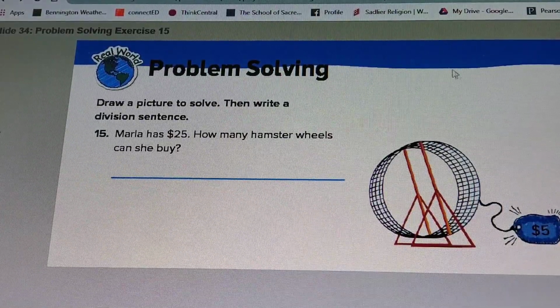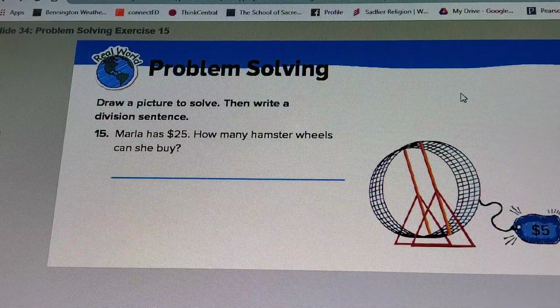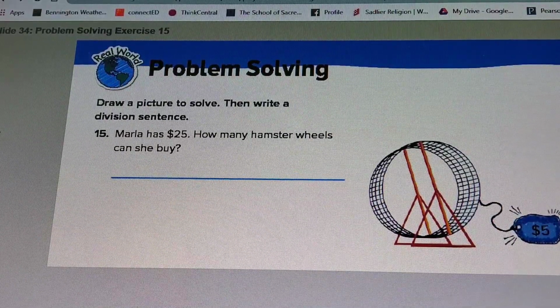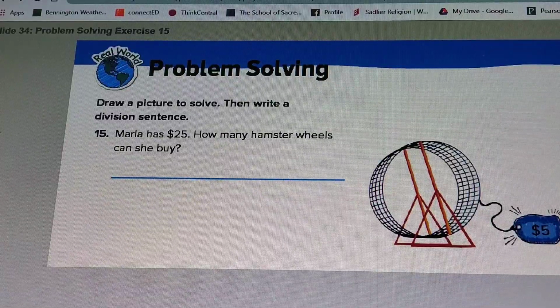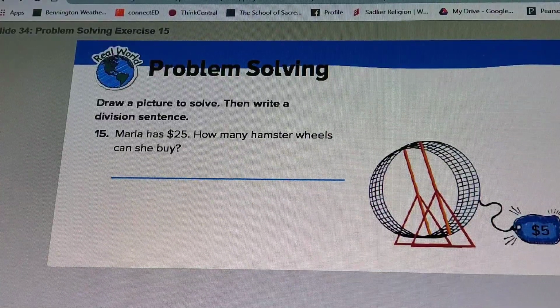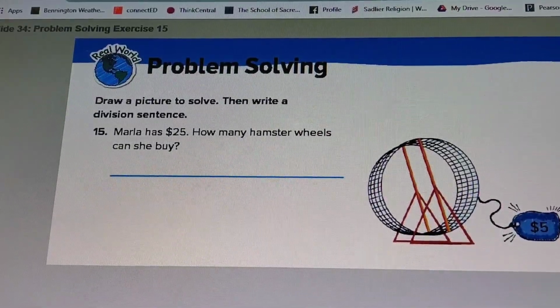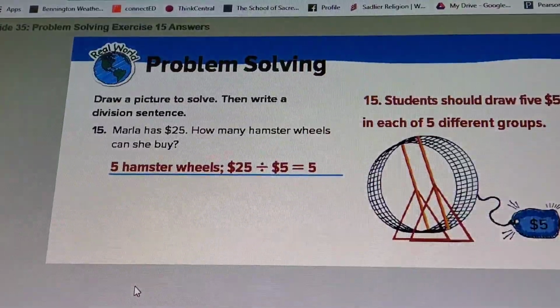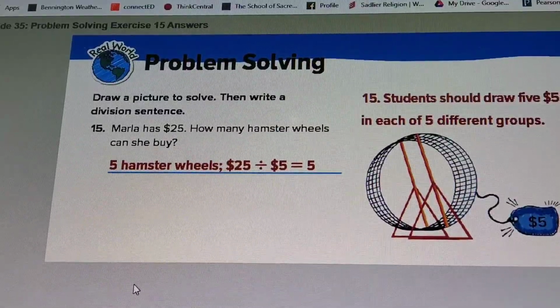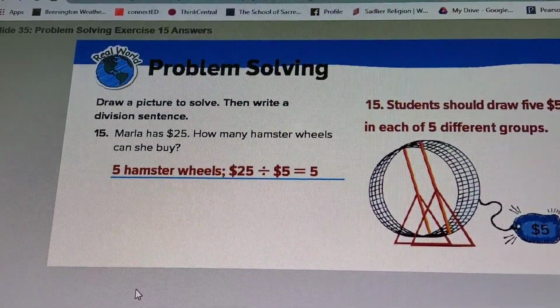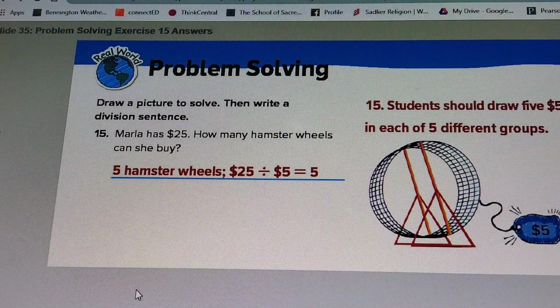Draw another hamster wheel, and that would be $10. Another hamster wheel, $15. Another hamster wheel, $20. Another hamster wheel, $25. She can buy 5 hamster wheels. 25 divided by 5 equals 5.